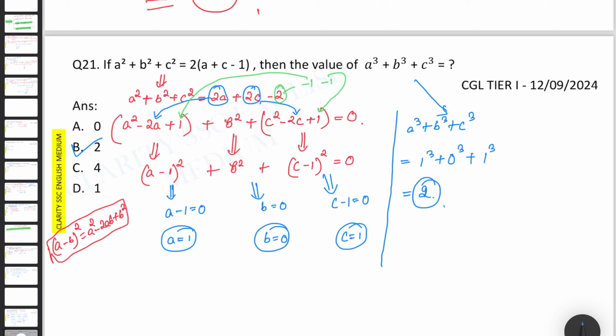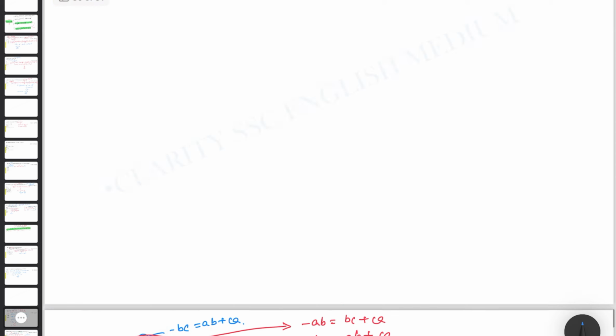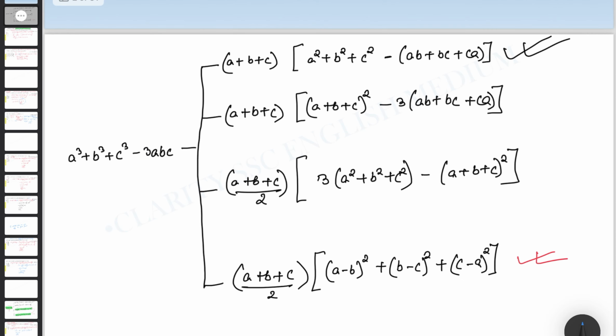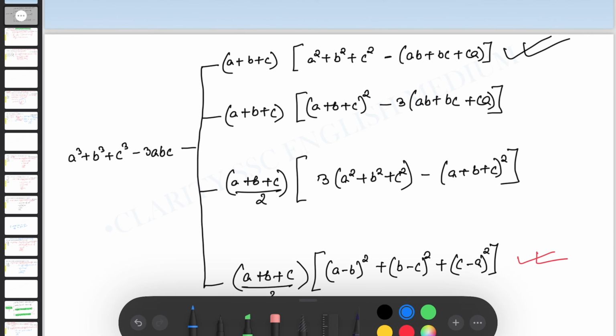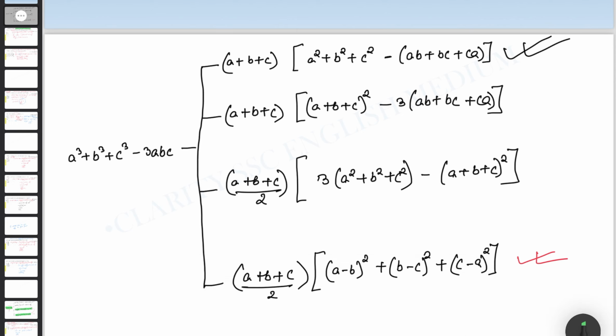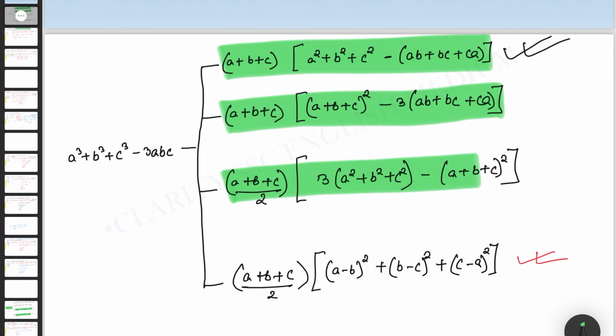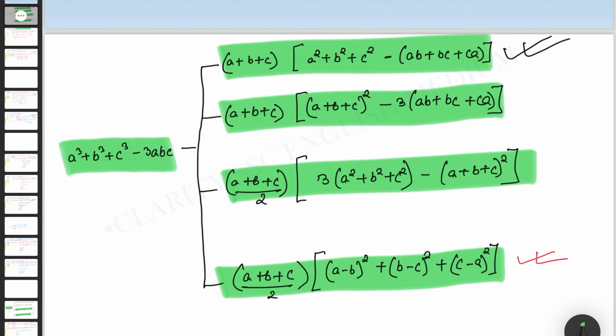I hope you get this point. So you need to remember these 4 formulas, the 4 formulas that I had given in the first session. This is the first formula, this is the second formula, this is the third formula, and this is the fourth formula, and this is the value that we need to find.